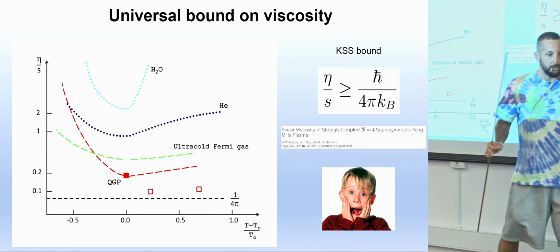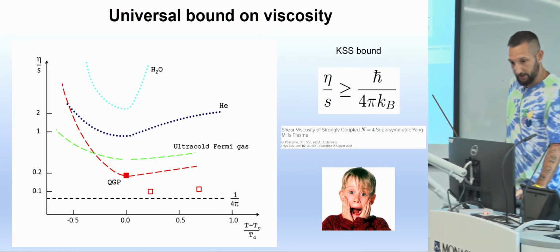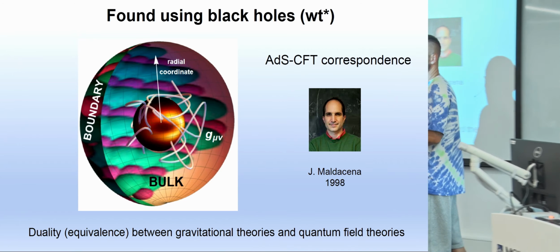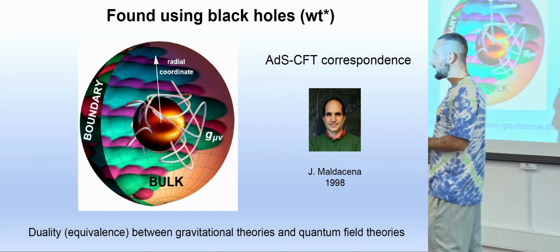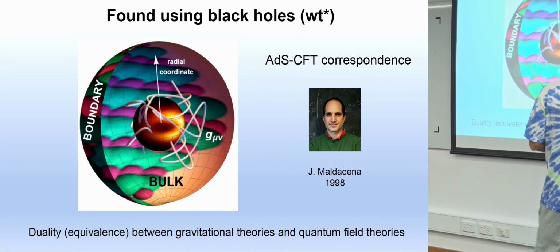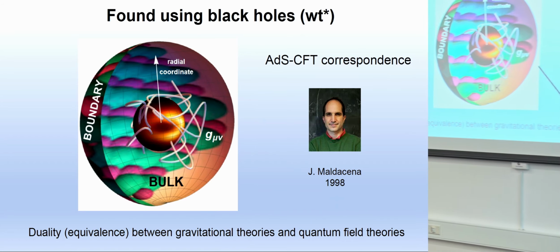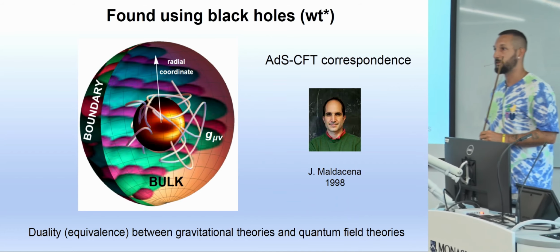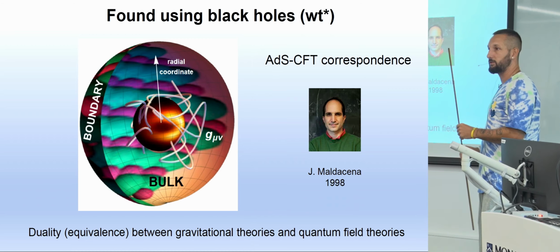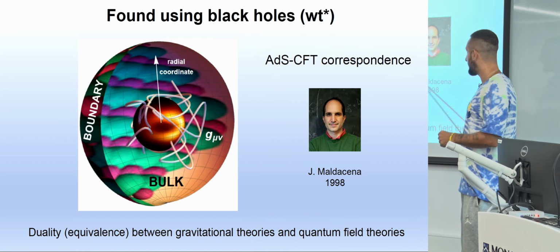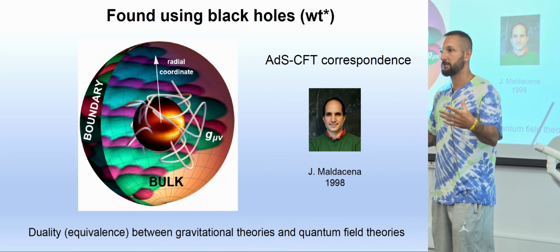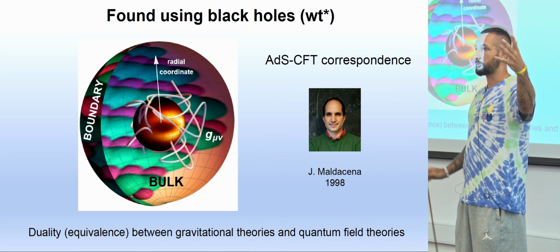Okay? Now, this is interesting because it connects various things, and let me just flash why this has anything to do with black holes and gravity. So how did these people find these results? They found it using what is called the AdS/CFT correspondence. This is a theoretical framework that was discovered in the context of string theory in 1998. And to make it simple, the idea is that there is a duality between gravitational theories and quantum field theories.